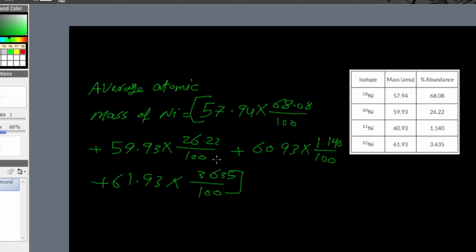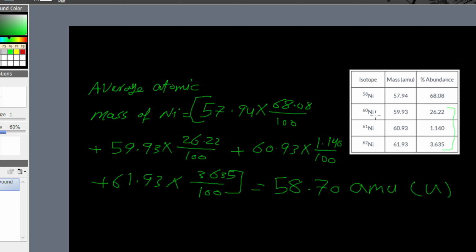So when you do the math, and when you calculate the average atomic mass of nickel, you get 58.70 AMU, or simply U, atomic mass unit. So because of the natural abundance of nickel 58 isotope with 68.08%, as you can see here, this leads to the average atomic mass of nickel to be 58.7, and the rest of isotopes, you can see their natural abundance is a little bit low or small, as you can see here.